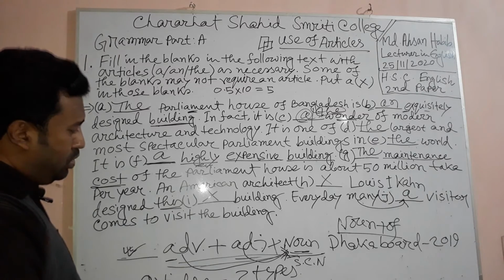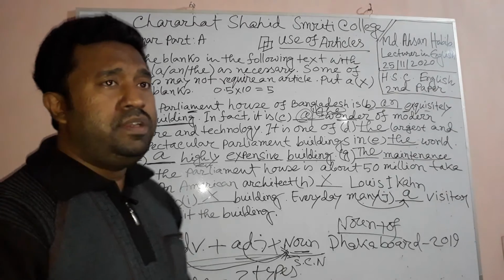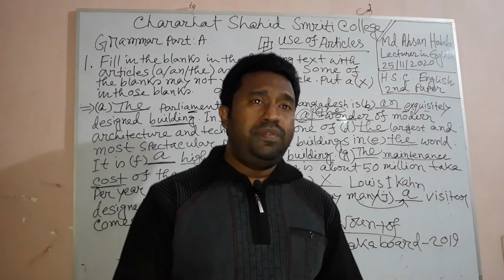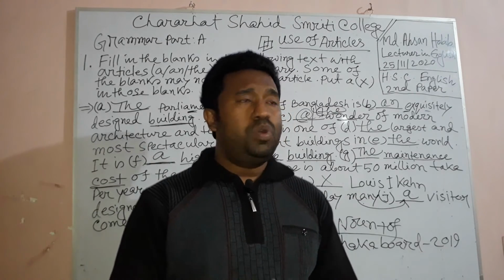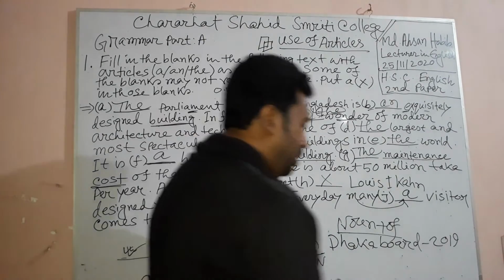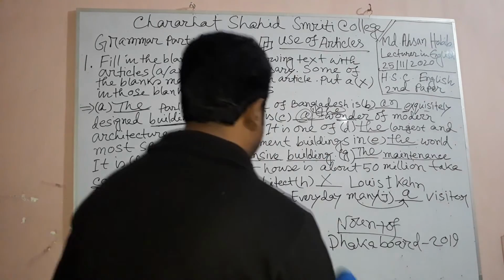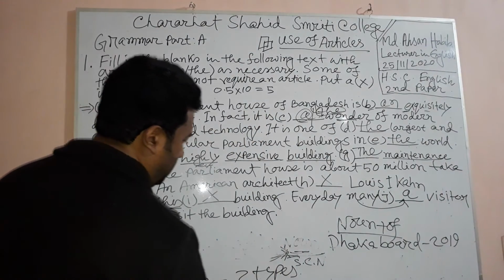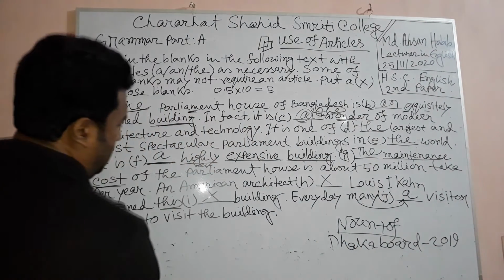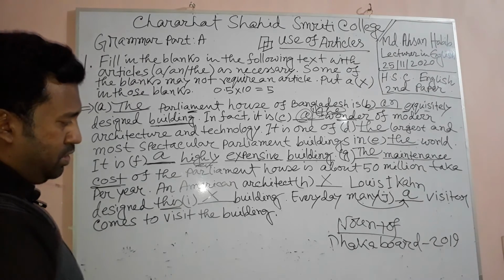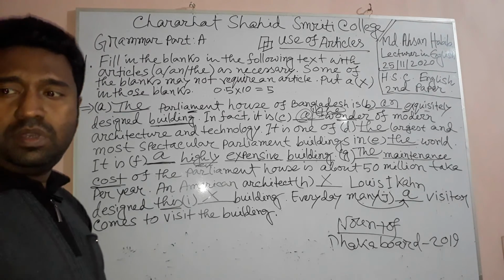So how can we find something that is definite or indefinite? Suppose this thing you can remember.